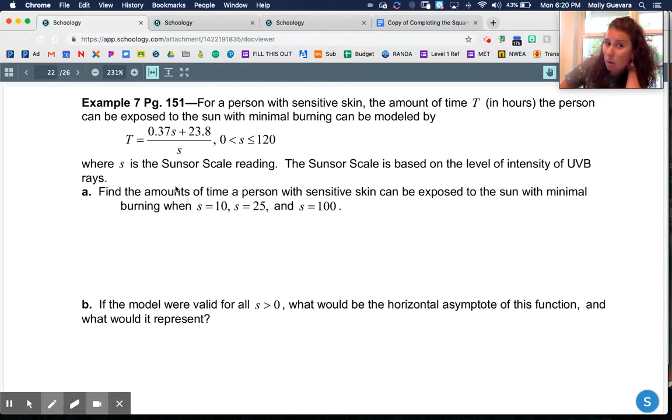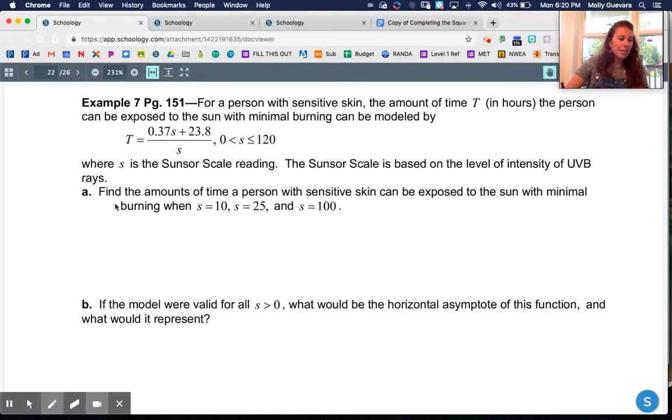And this is what we call the sensor scale reading, okay? So the sensor scale is based on how strong the UV rays are, right? So like how intense the sun is. So as the sun becomes more intense, we're able to figure out how long we can be out in the sun, essentially, okay?